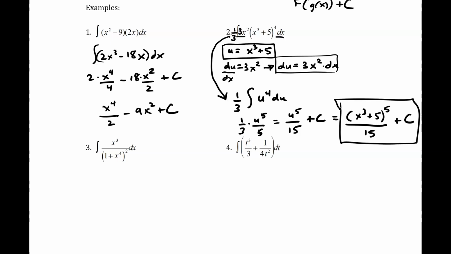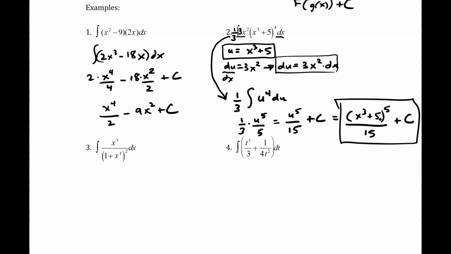The best part about doing antiderivatives is we can easily check our work. If we do a derivative of this, we should get back to the original integrand. And if you brought the 5 down in front, you would end up with 5 over 15, so that would be a 1/3 x cubed plus 5 to the 4th, and then multiplied by the derivative of the inside, multiplied by 3x squared.